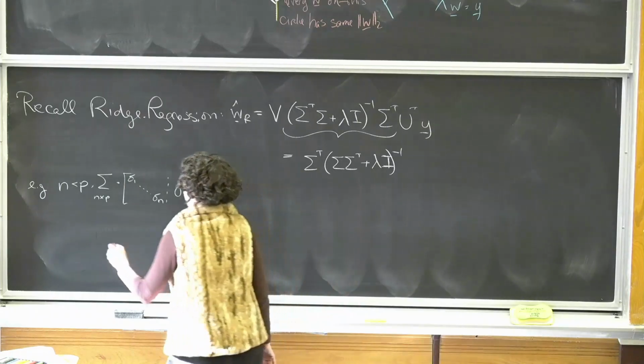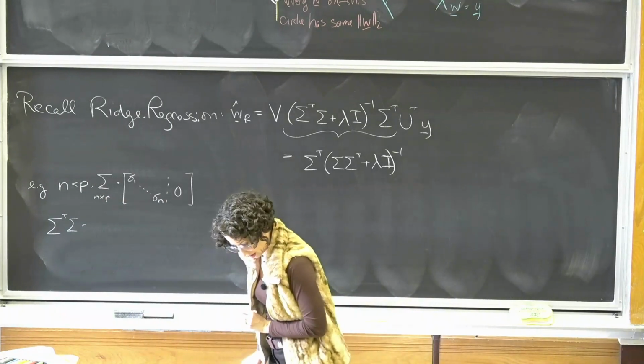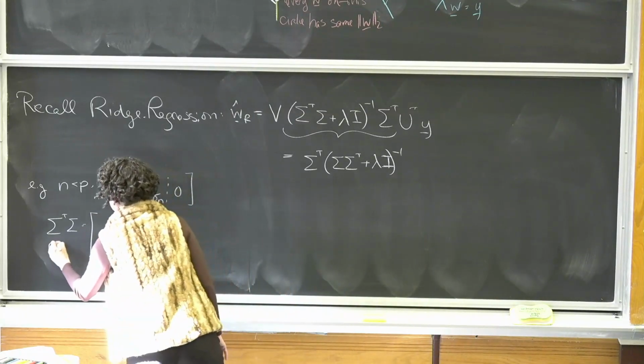And so now if I look at sigma transpose sigma, I'm going to get something that is p by p.